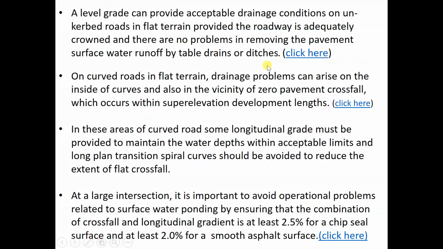Just now I said that even though it's an embankment, you normally still have this table drain. Sometimes I have seen some roads that don't have a table drain beside the embankment, but they need to have protection for the embankment.